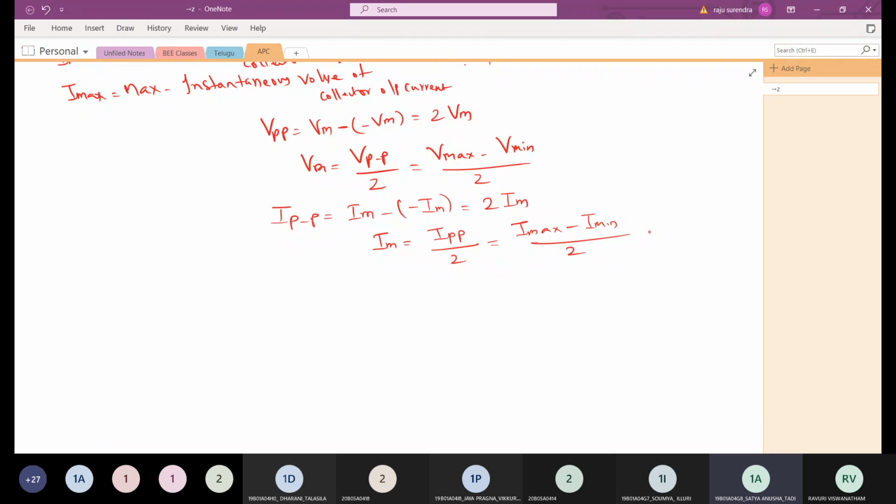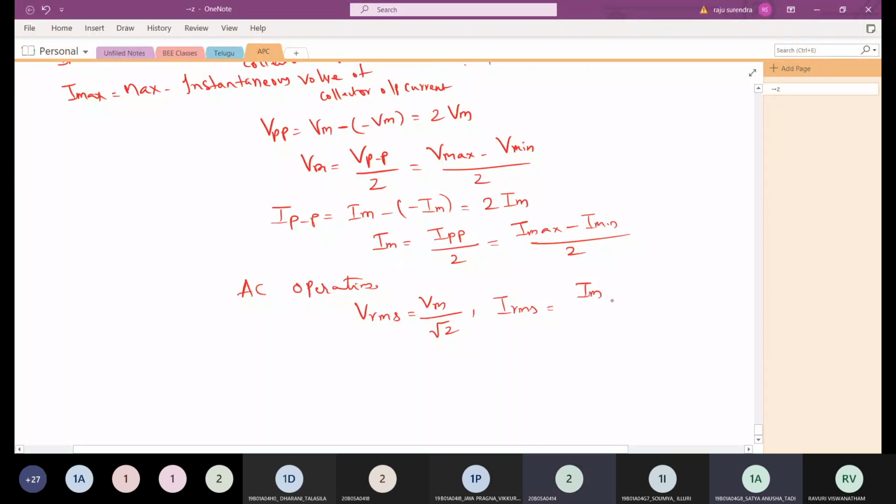And this is completely an AC operation, so all are RMS values. So VRMS is equal to Vm by root 2. What about IRMS?